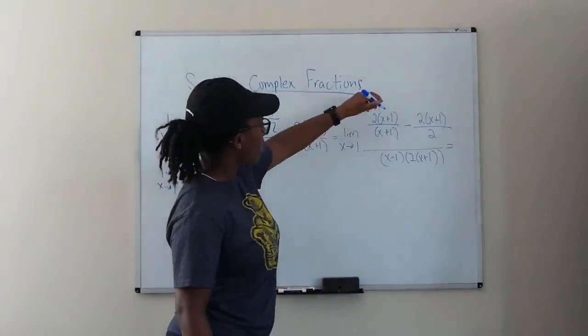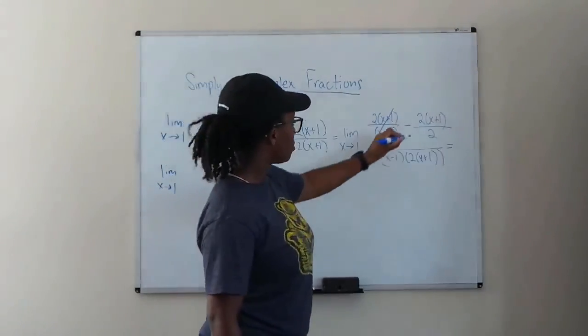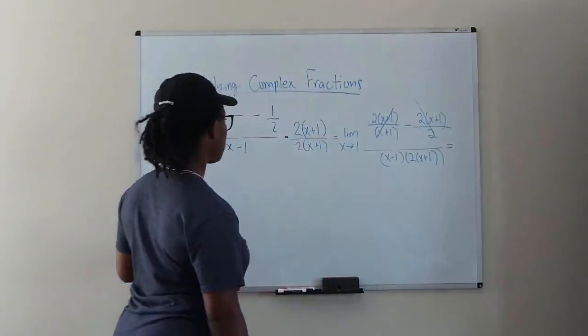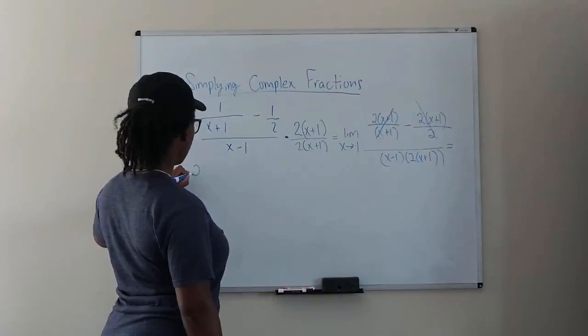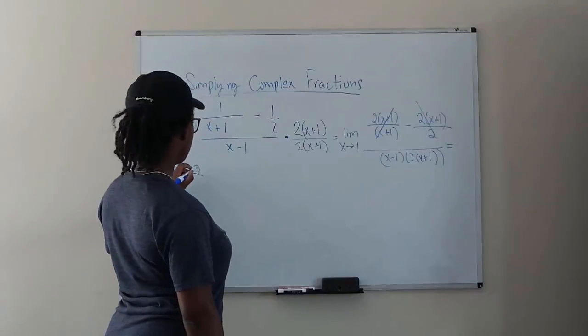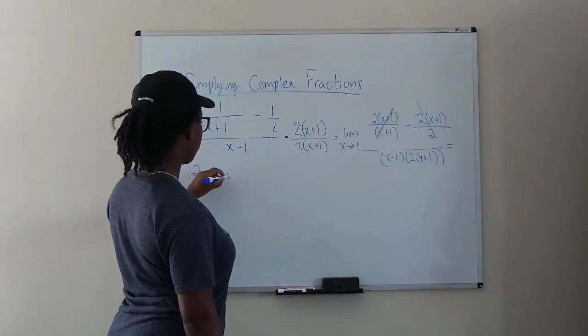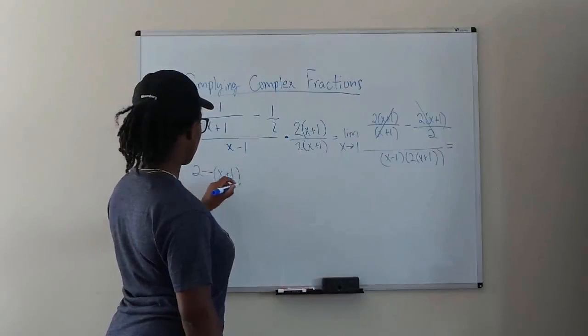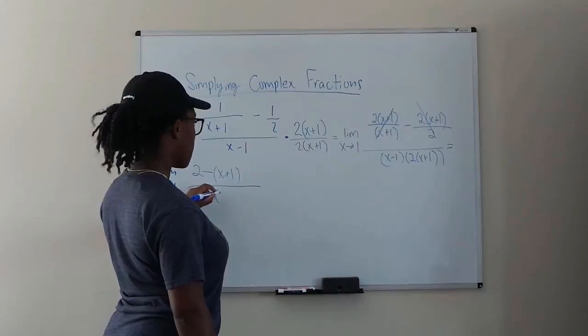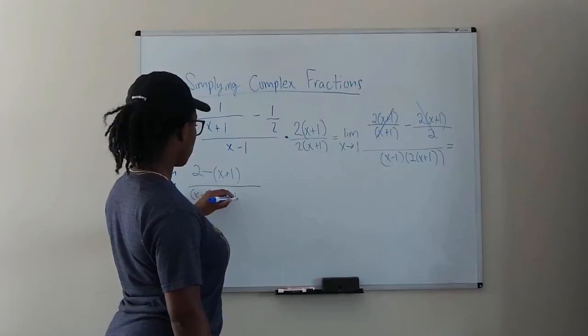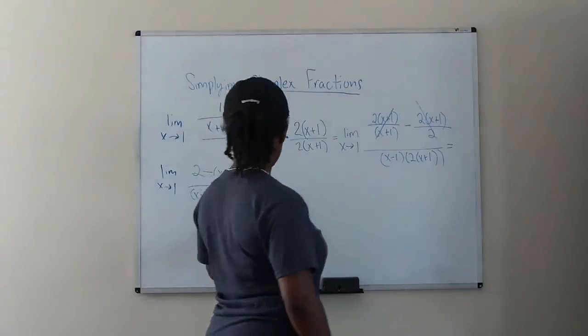Okay, so now we can cancel these out, and then we can also cancel this out. And so we're left with, on the top, the limit as x approaches 1 of 2 minus x plus 1. And then on the bottom, we're just going to leave it as is, 2 times x plus 1.